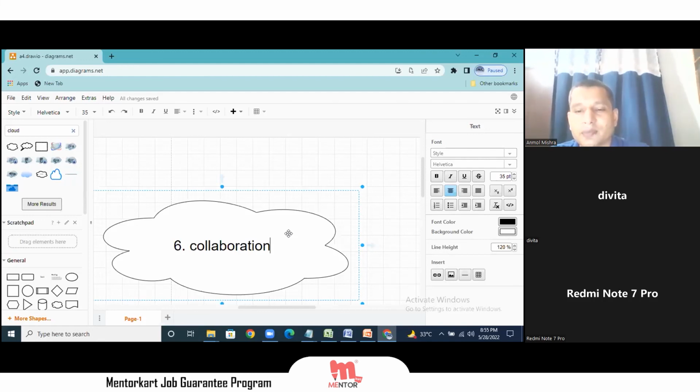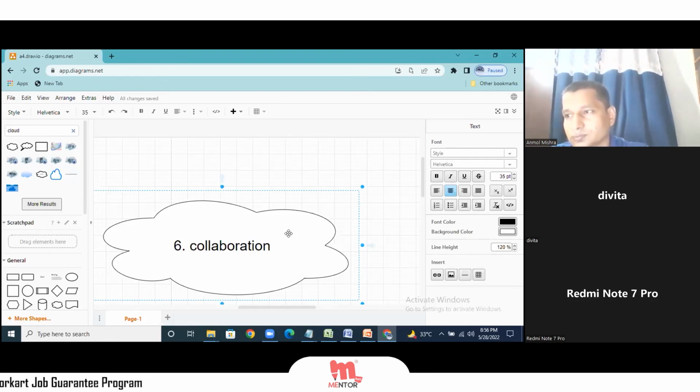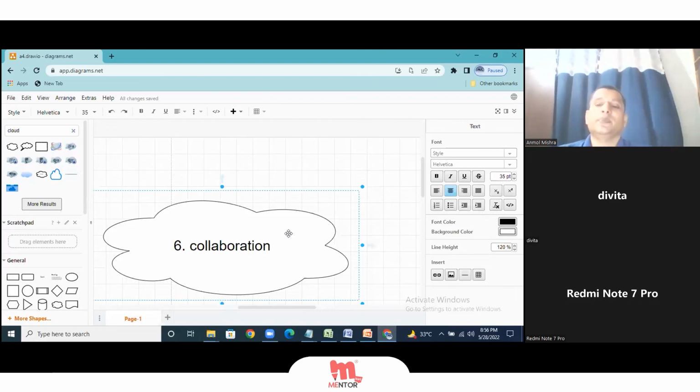Working with vendors, combining two or many data. Okay, anyone more? Well, explain. Sharing platform. See, what is collaboration?